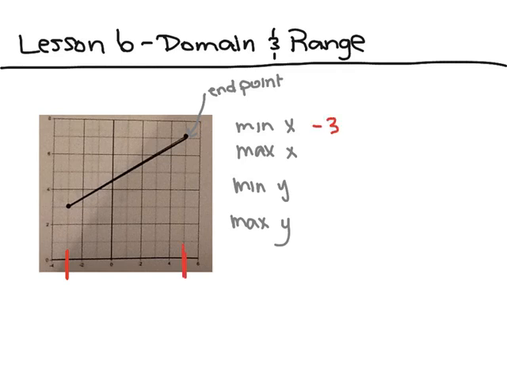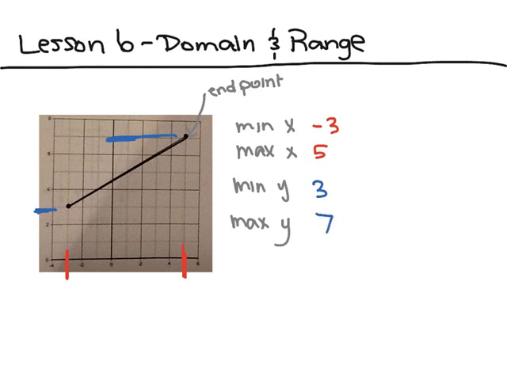The maximum x is how far it can go to the right, so it can't go farther than 5. Our minimum y is how far it can go down, so it can't go any farther than 3. And the maximum y is how high it can go, so the highest it can go is 7.